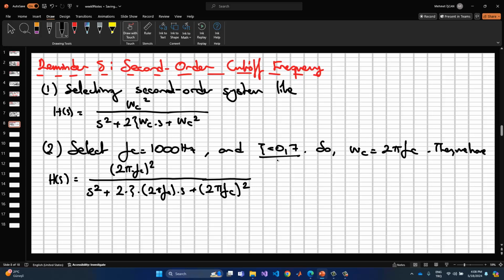If you select the damping ratio and the cutoff frequency, you can use this filter to cut the frequency beyond the fc cutoff.